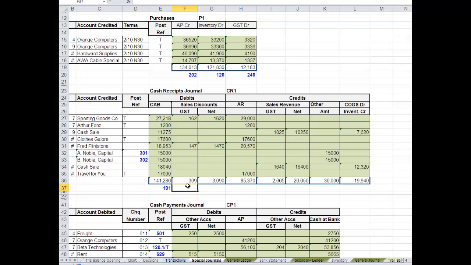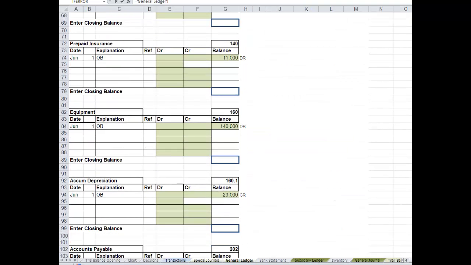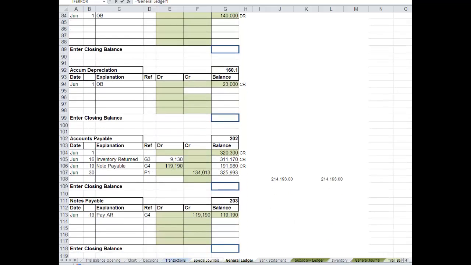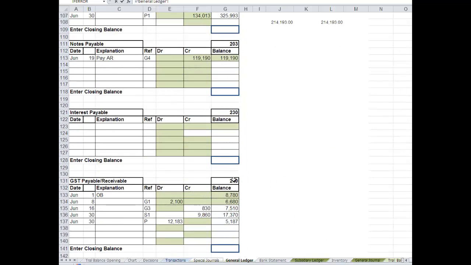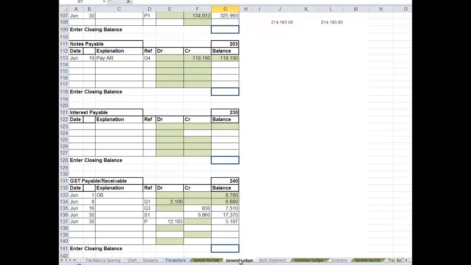GST equals GST clearing, now 309, where we just were.